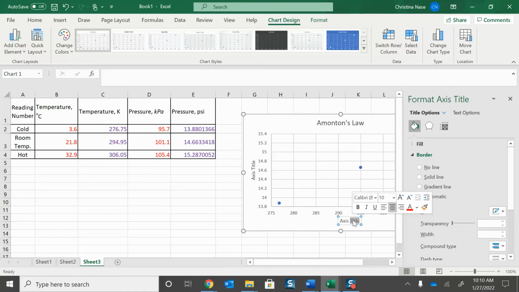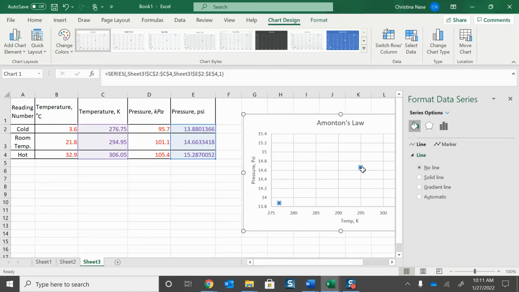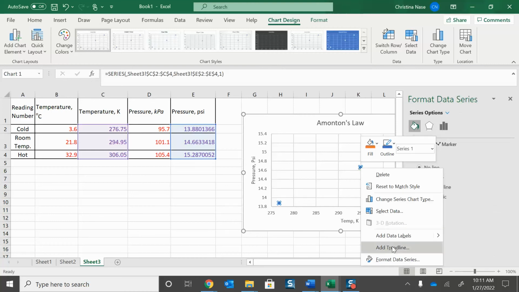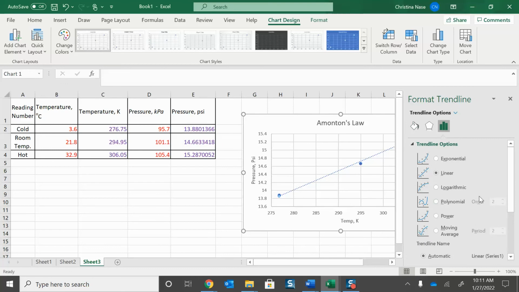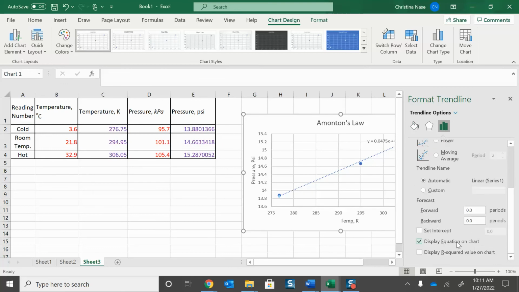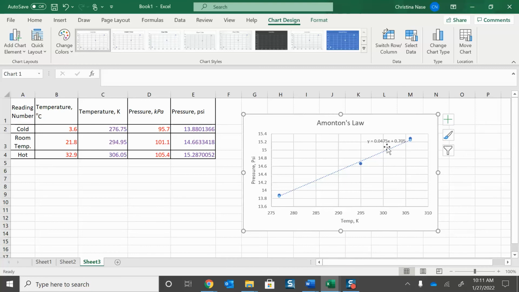On the bottom, temperature in Kelvin, and over here, pressure in PSI. Great. I can add a trend line. So again, I just right-click, add a trend line. I can set that equation on the graph. There it is. And that's my graph.